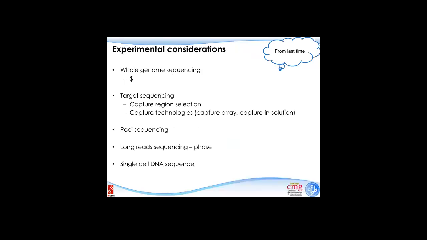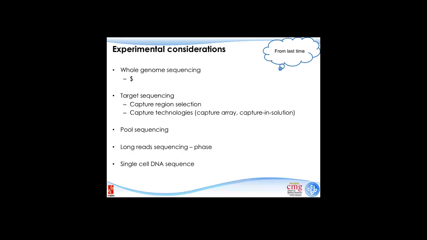And the last part in the previous lecture, we talked about the experimental considerations and about the DNA sequencing. In terms of scope, there are several different scopes. The first one is whole genome sequencing, and it's getting cheaper and cheaper. Now it's probably close to $1,000 per genome, and in a couple of years it will probably go to $700, $500, and ultimately $100 per genome.